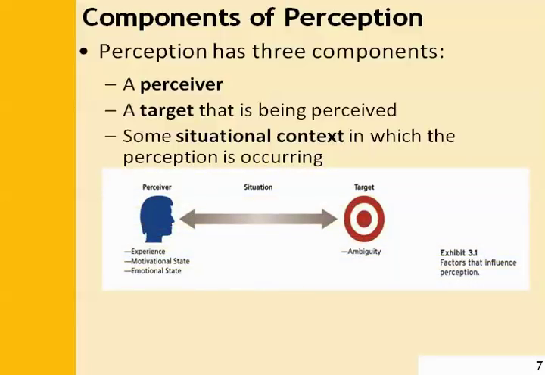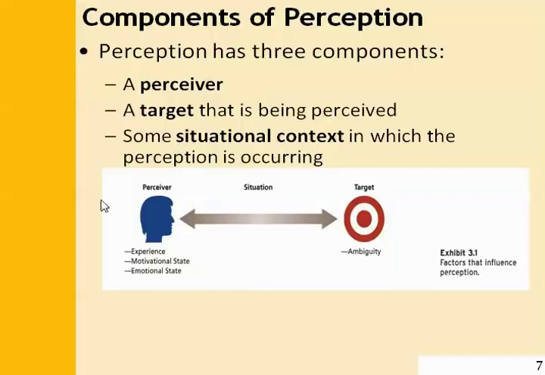So in this figure, we can see how the three components of perception actually affect perception or the perceptual process. Under the perceiver, there are three aspects that actually affect perception. What are these three aspects?